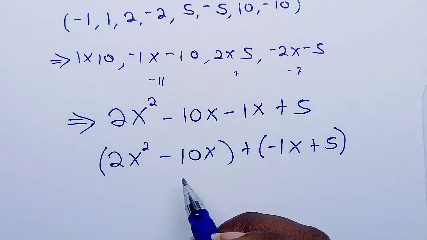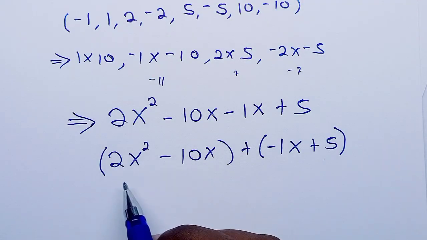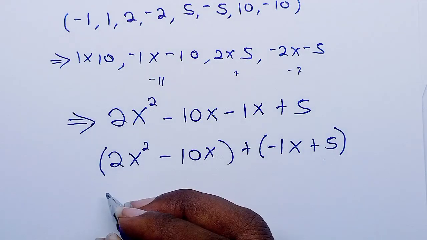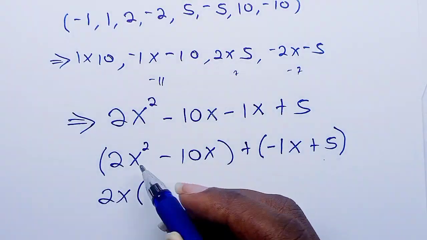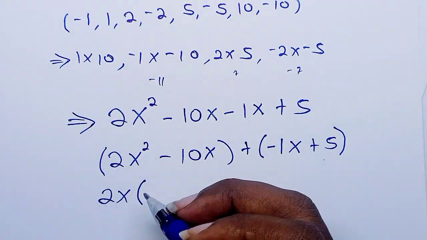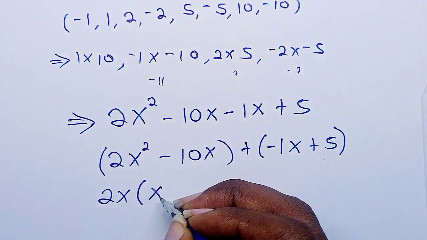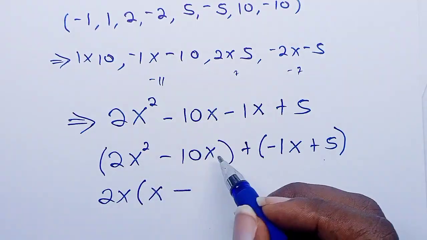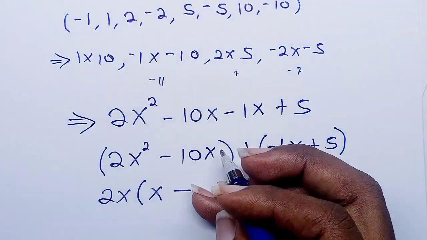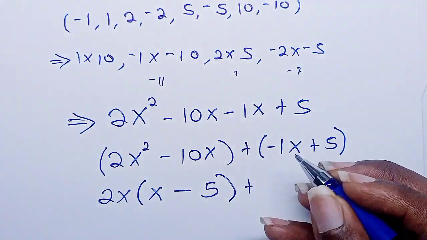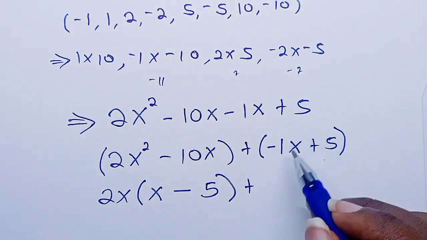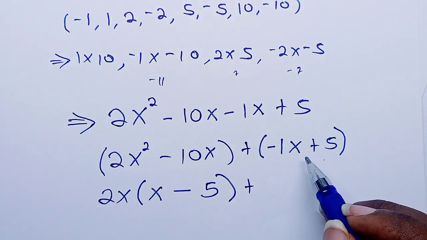After grouping, we need to find common factors in each group. In this group, the common factor is 2x. So we factor it out to be 2x into 2x squared divided by 2x, we are left with x, then minus 10x divided by 2x, we are left with 5. Then plus, we need to get the common factor in this group.